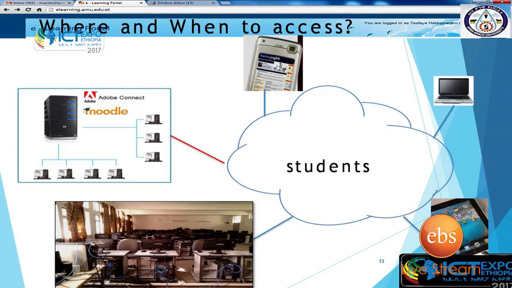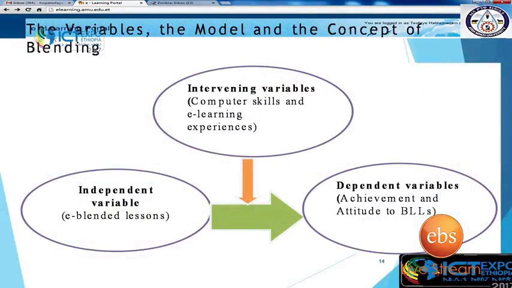The variables, the model and the concept of blending. The independent variable was e-blended listening lessons, and the dependent variables were achievement and attitude. And there were intervening variables as well.